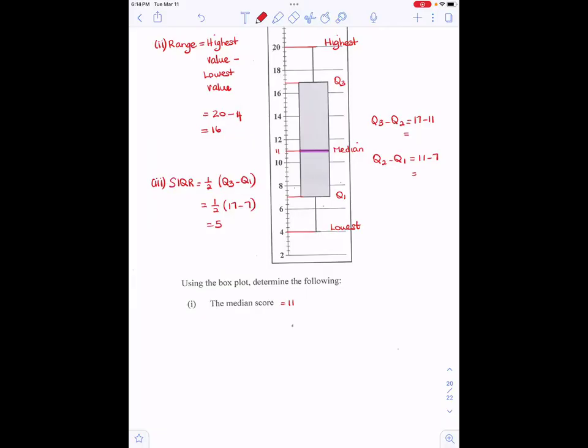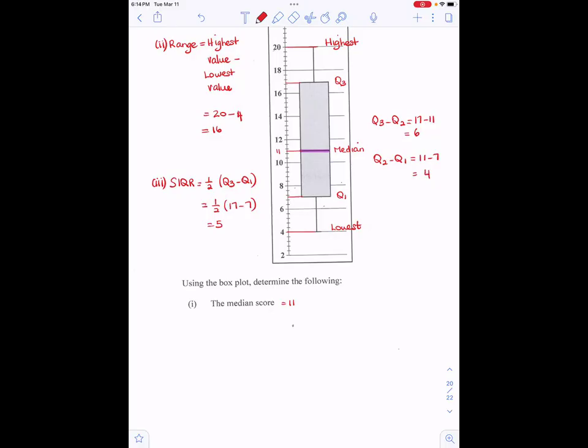All right, let me know what you have. So 17 minus 11 is 6, and 11 minus 7 is 4.